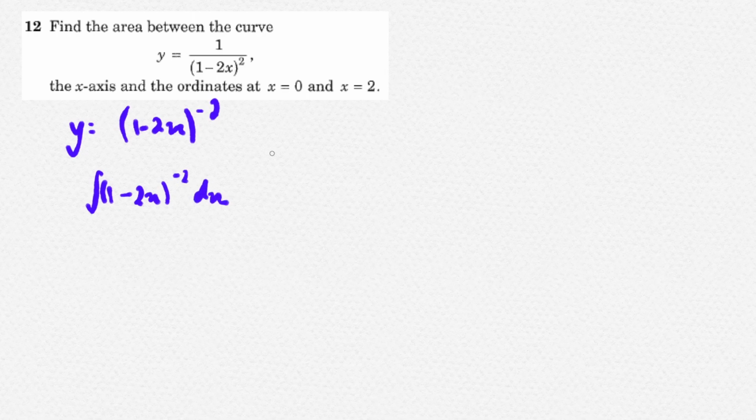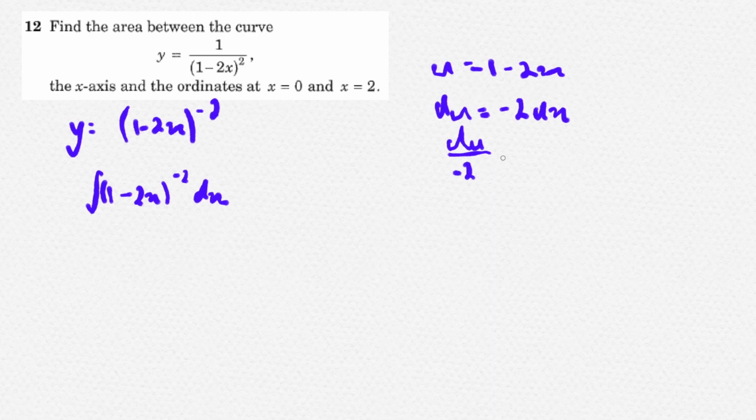For these types of questions, I prefer using U-Substitution. So let's write u is equal to 1 minus 2x. du would be equal to the derivative of 1 minus 2x, which is minus 2 dx. du over minus 2 would be equal to dx.